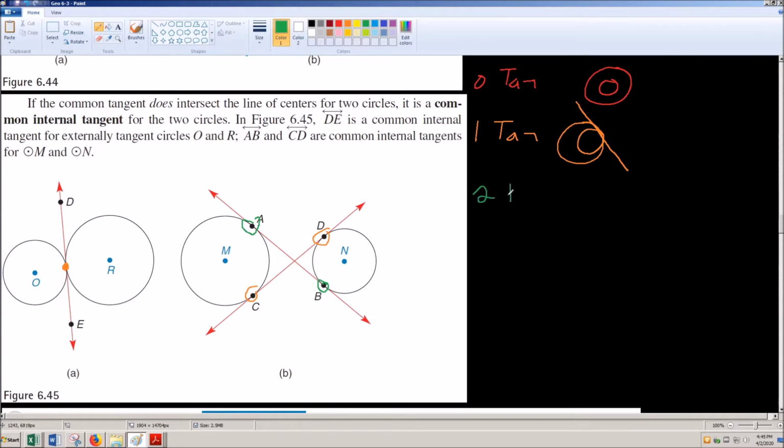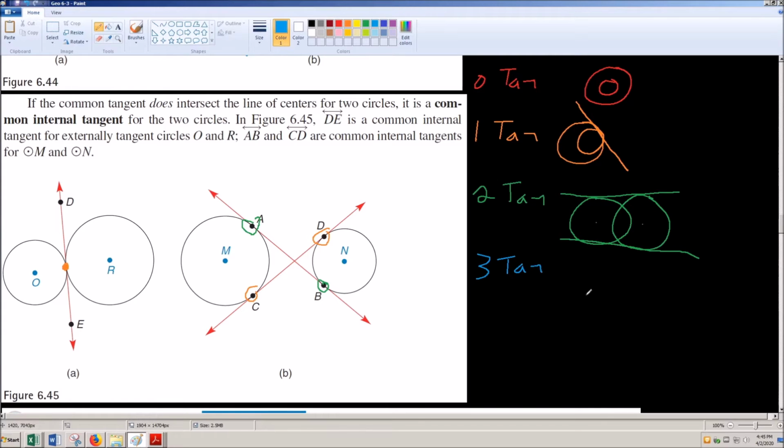Well, what if I wanted two tangent lines? I'm going to get a little tricky here. I'm going to have two overlapping circles, so there's like center, center there. And as I look at this thing, I have one tangent line across the top external like that, and I have one tangent line external on the bottom like that. Pretty sneaky. What if I wanted three tangent lines?